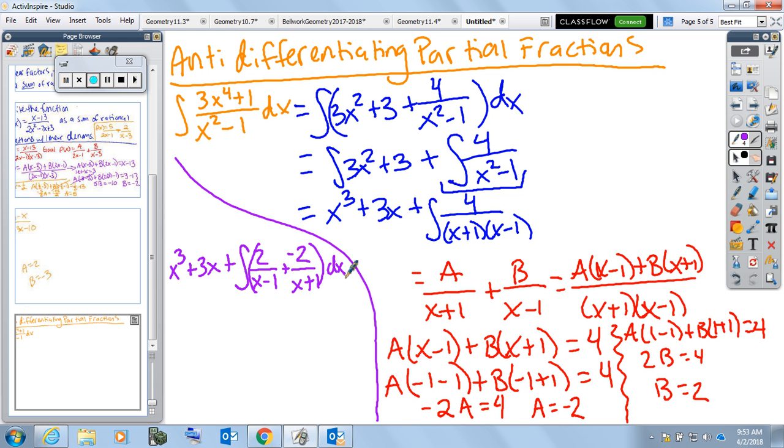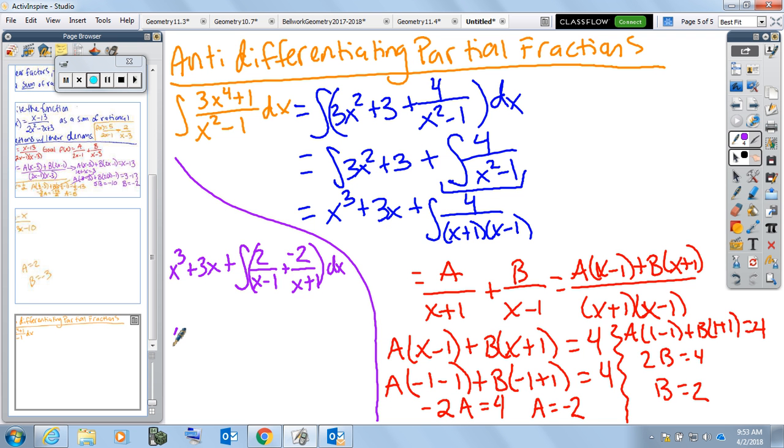Well, now think about what we have here, guys. A constant over x minus 1, a constant over x plus 1. The integral of 2 over x minus 1 is just 2 times the natural log of x minus 1. Negative 2 times the natural log of x plus 1.